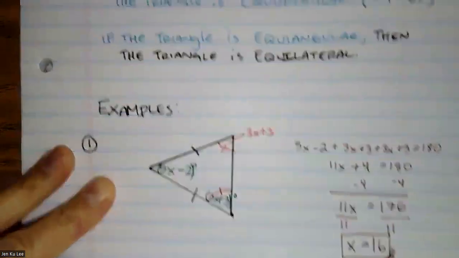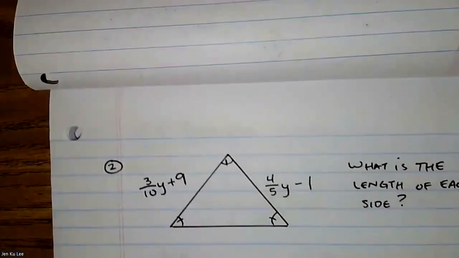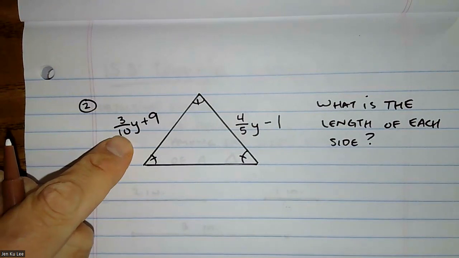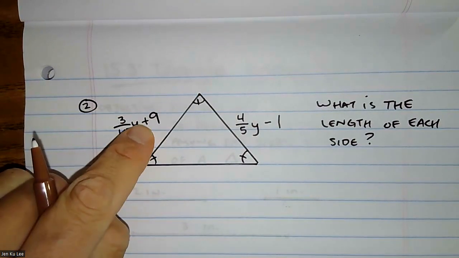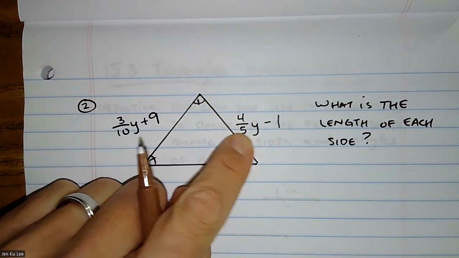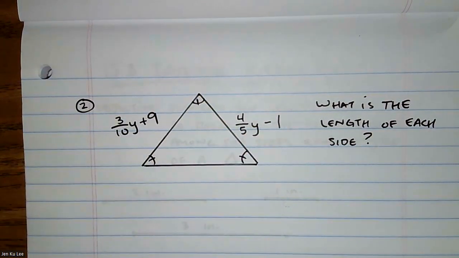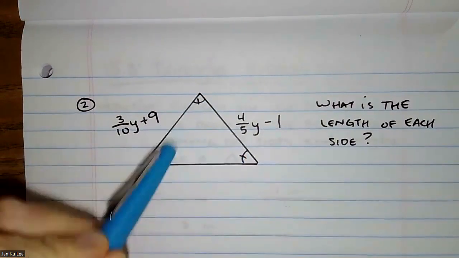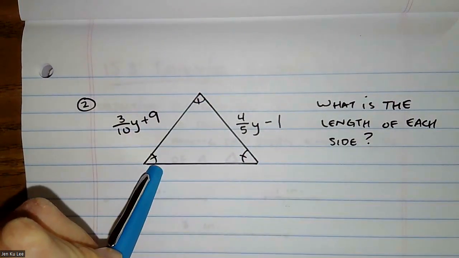All right. My next example is this. Okay, so we have 3/10 y plus 9, and we have this side as 4/5 y minus 1. I'm given that these angles are congruent to each other, right?